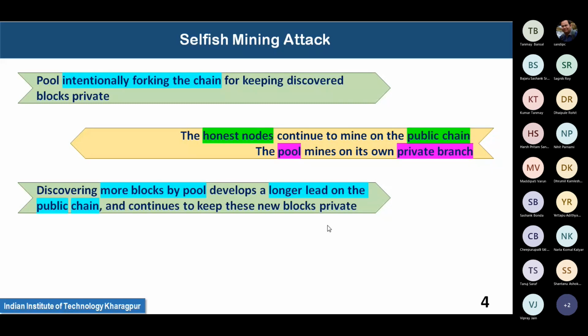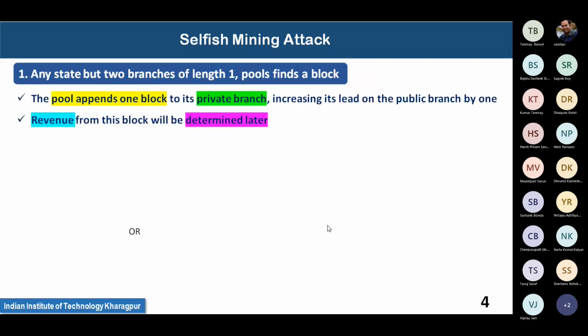But if they are very diligent and keep noting the number of blocks they are able to mine vis-a-vis the number of blocks that have been added to the public chain, depending on that they could decide whether to publish their private chain, and thus go a step ahead of the publicly known branch.